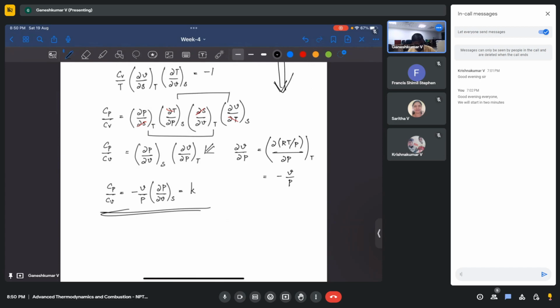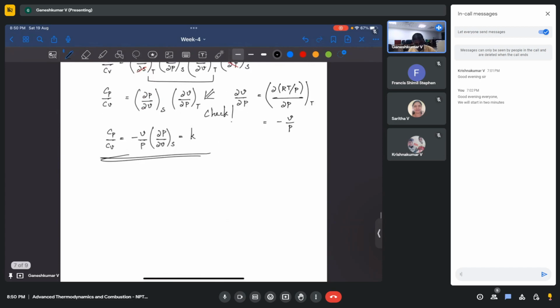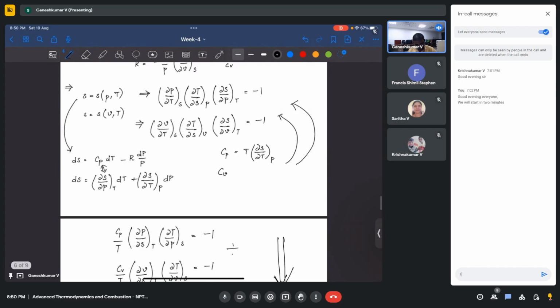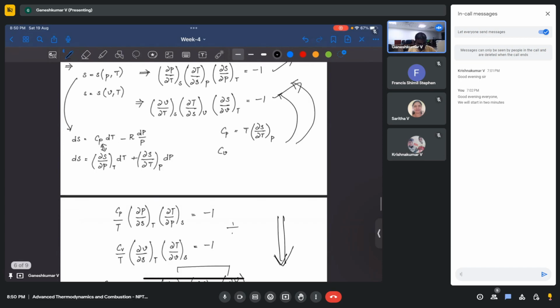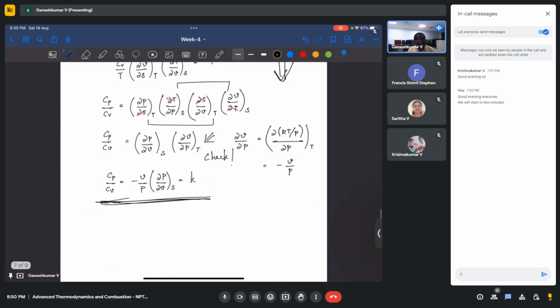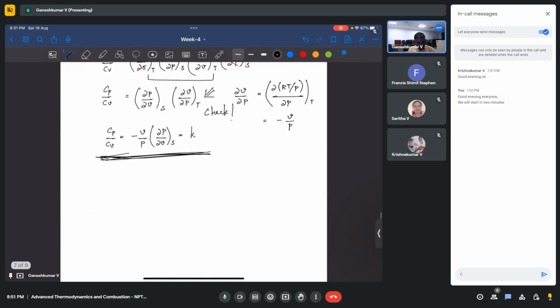Check this. So finally you will end up getting this. The only thing is you need to find Cp by Cv. You need to find Cp and Cv using this relation. Once you find this and simplify it, you will end up getting this, and that will eventually become gamma.